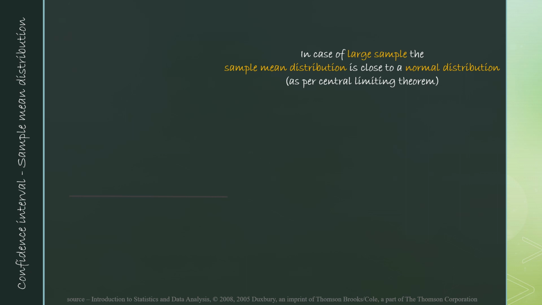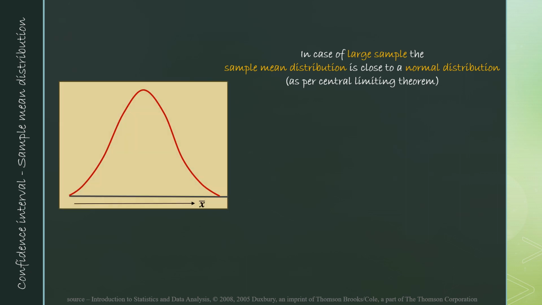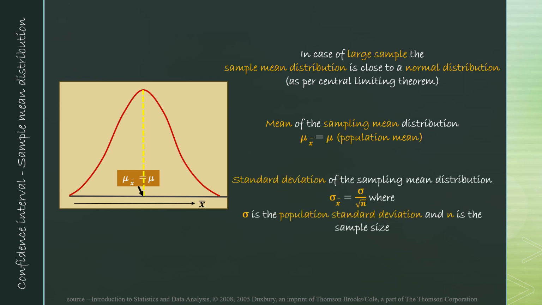In the case of a large sample, the sample mean distribution is close to a normal distribution as per the central limit theorem, with the mean of the sampling mean distribution mu of x bar equals mu, that is the population mean, and the standard deviation of the sampling mean distribution sigma x bar equals sigma divided by the square root of n, where sigma is the population standard deviation and n is the sample size. A large sample for a sample mean distribution implies the sample size n is greater than or equal to 30.